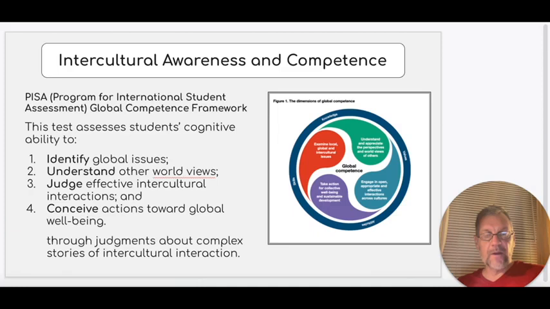In assessing these cognitive abilities, PISA does exactly what we're describing you're doing in class. That is, they give students stories to read and judge, to understand and judge. Preparing for and taking the PISA test involves exactly the kinds of reading and judgment that literature does.